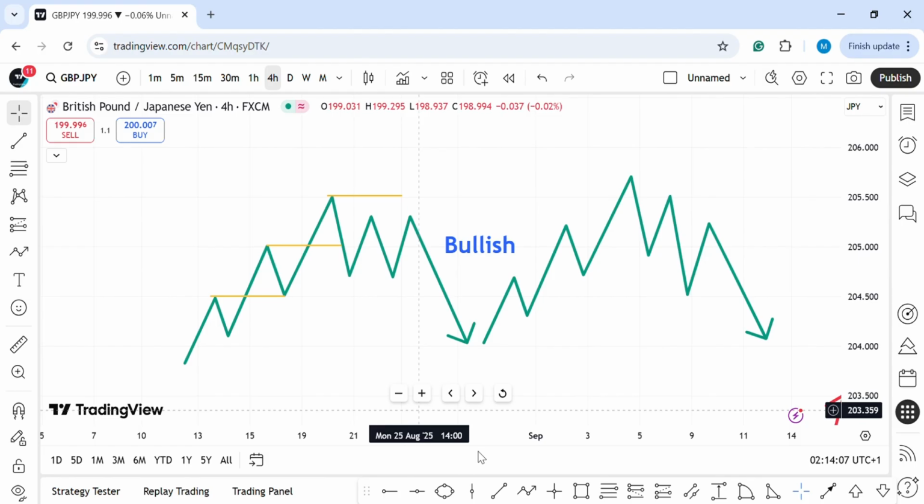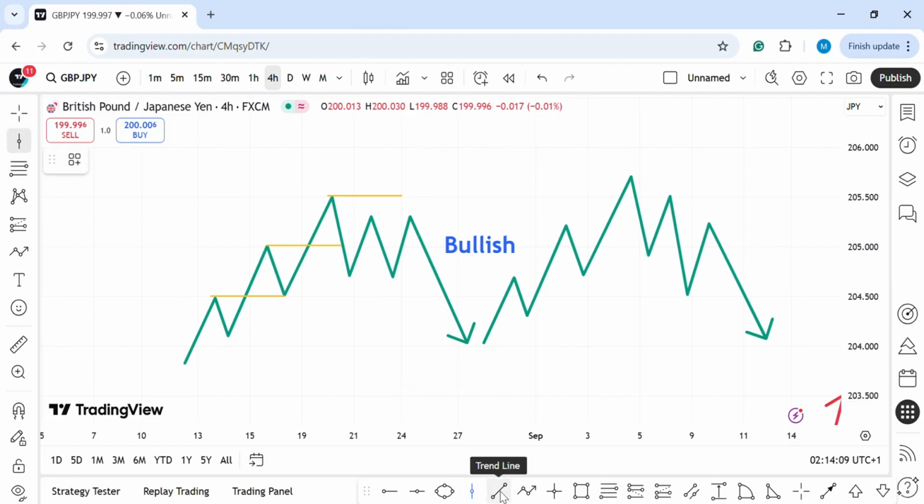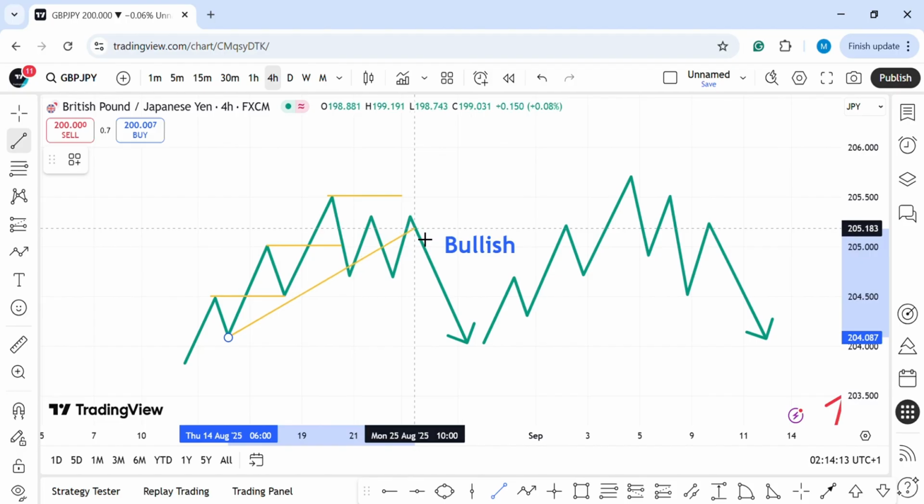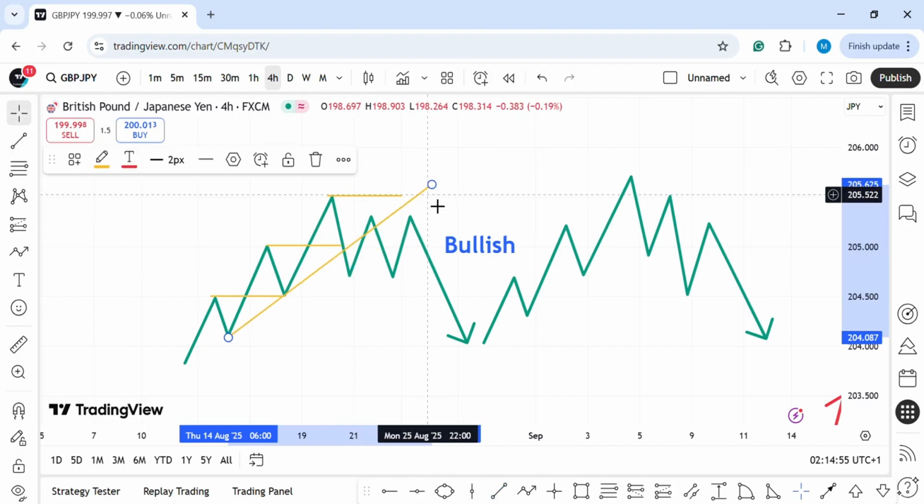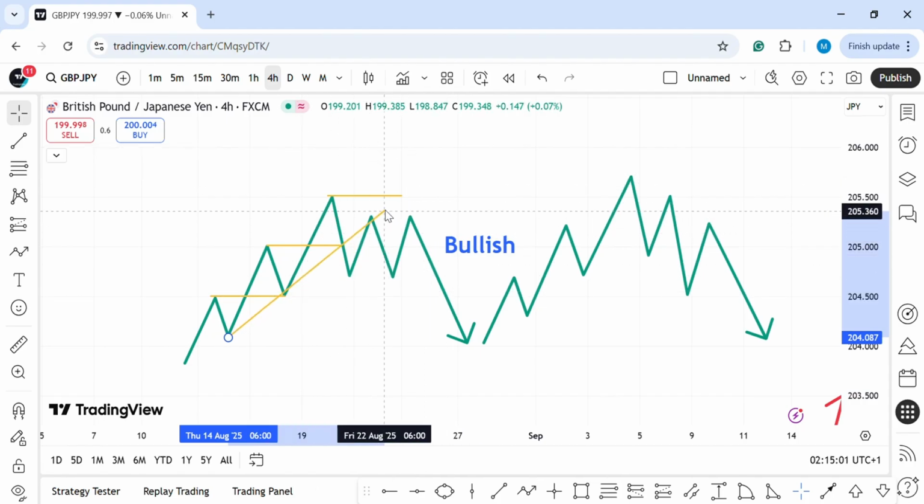If you use your trend line too, let's use our trend line. You can see our market keep respecting its low. Another key point you can understand is that the market can still be in an uptrend without respecting your trend line.